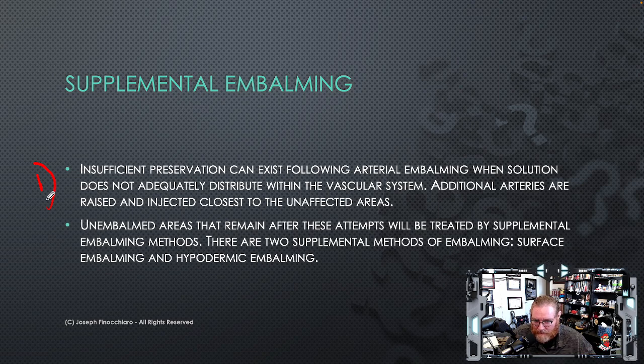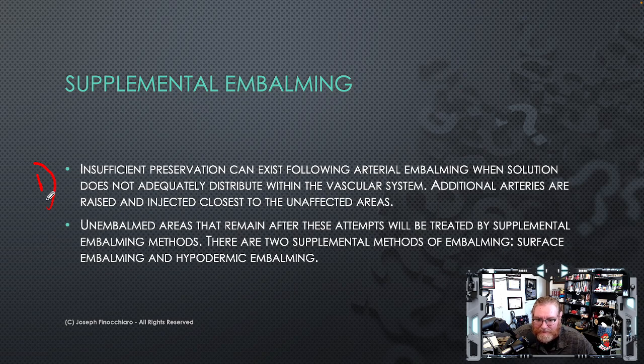You go from single point or split point to a multi-point, because this secures the best preservation. You should not go immediately to supplemental methods of embalming, period. Unembalmed areas that remain after these attempts will be treated by supplemental embalming methods.